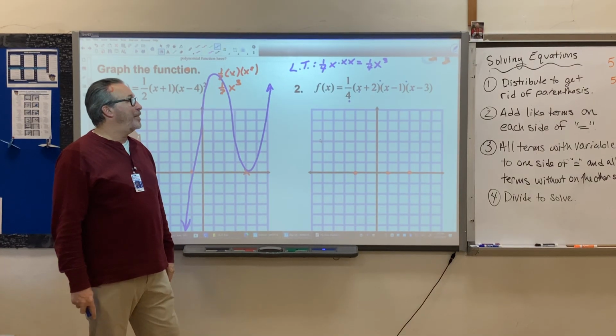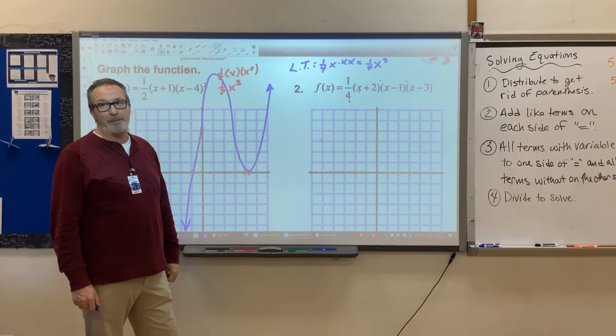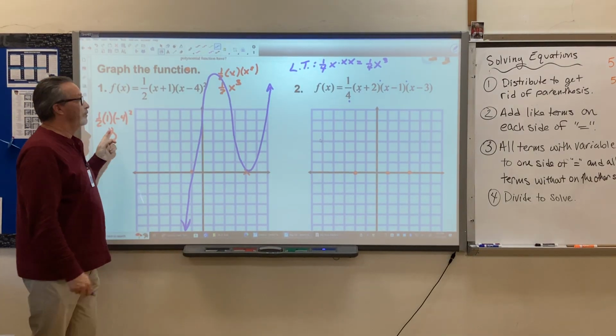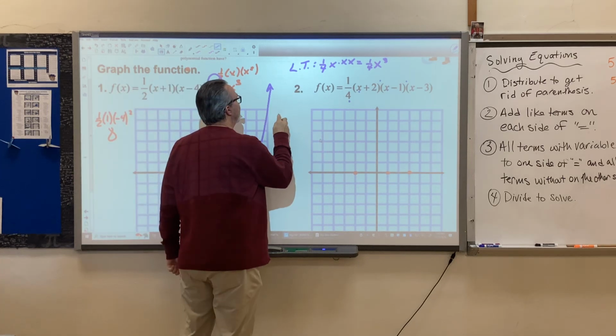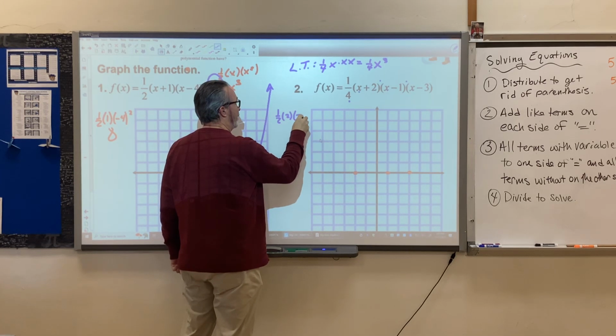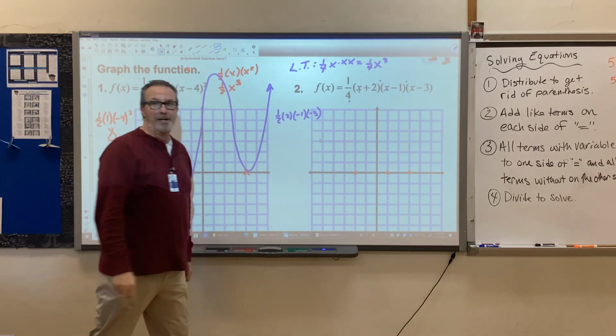Do you know what the y-intercept is? 1/4 times 2 times -1 times -3. That number.